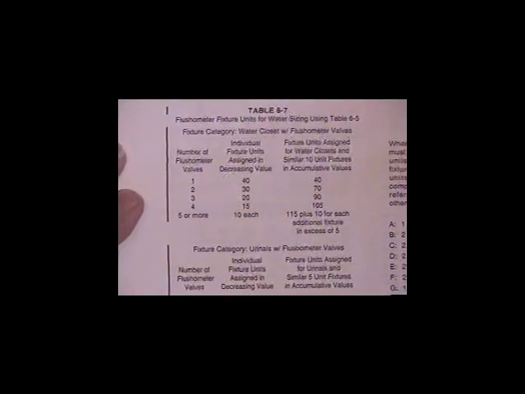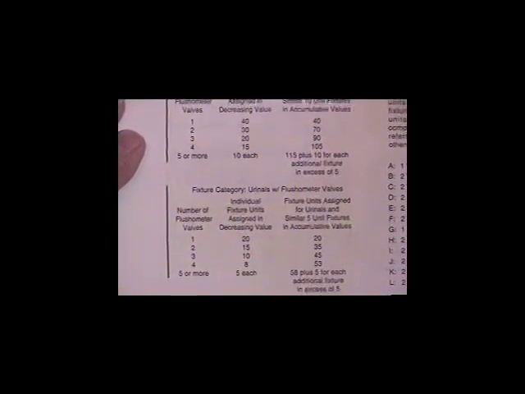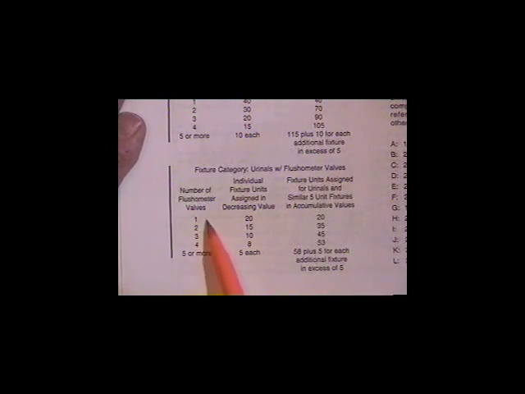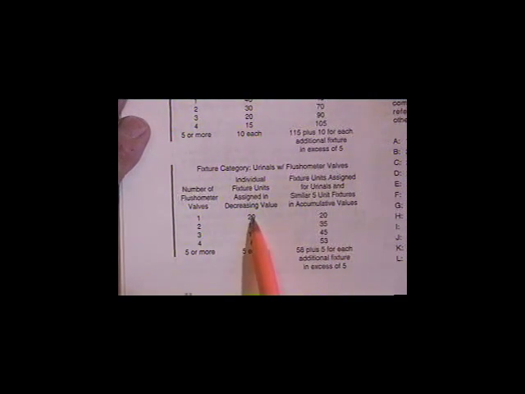Then for the urinals, it's a little bit different. If I have one flush valve, the first one is worth 20 for a total of 20. The second is worth 15 for a total of 35, etc. And then it's 5 each for 5 or more urinal flush valves.